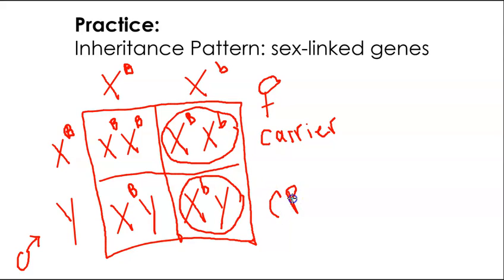So yes, to answer that previous question, the father who is not colorblind can have a son that is colorblind, only if he has a child with a woman that is a carrier for that sex-linked allele for colorblindness. Both daughters are not colorblind. However, one will end up being a carrier.